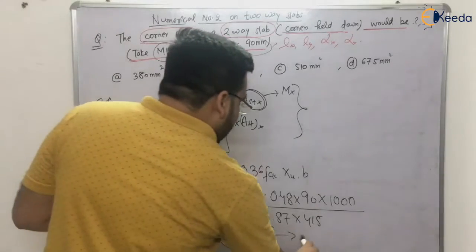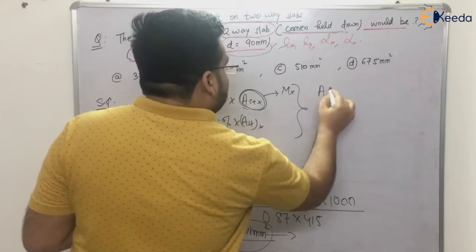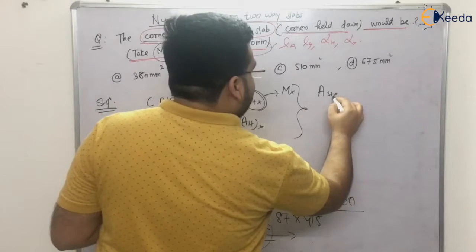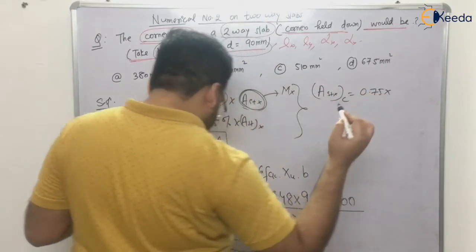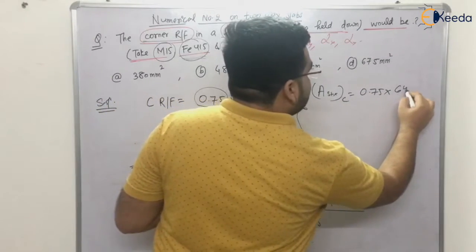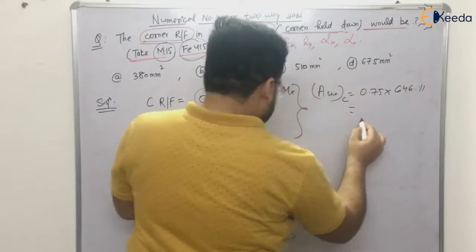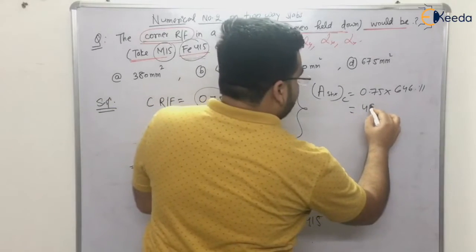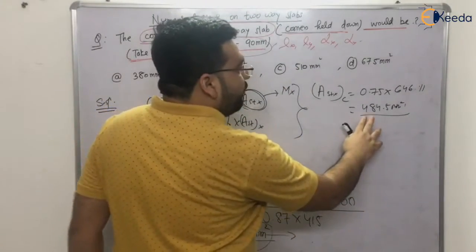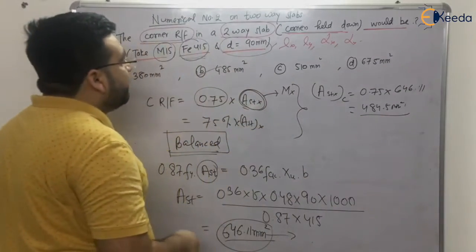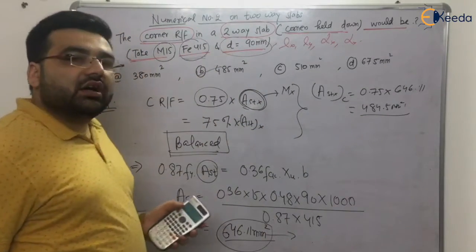So ASTX for corner is 0.75 of 646.11, which I am getting as 484.5 mm square. So which one is the right answer? B is the correct answer.